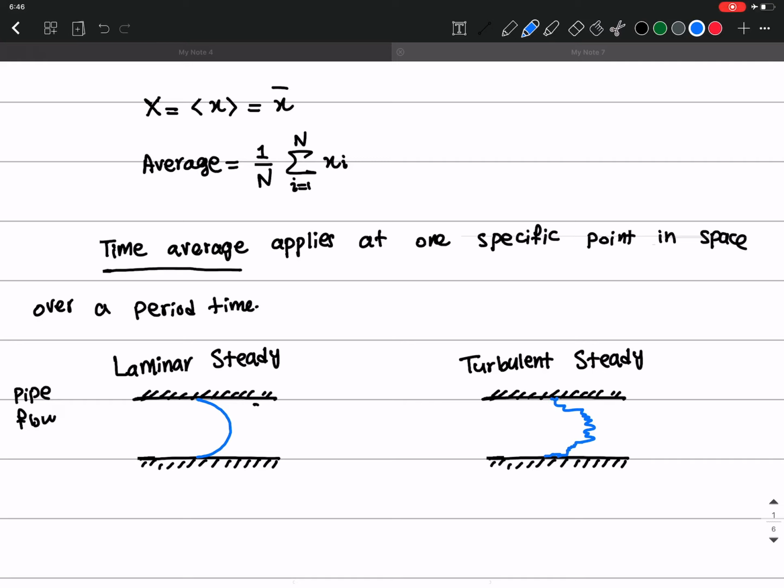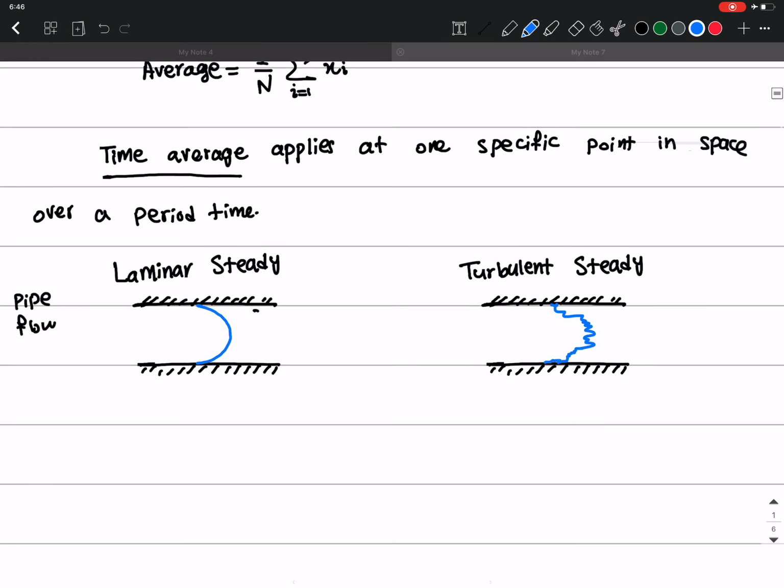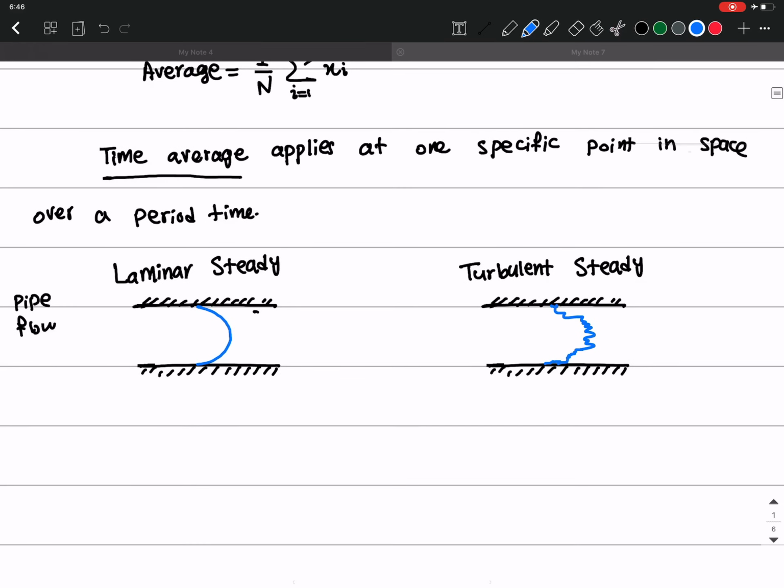Okay. So now when we want to do time average, say we put a sensor somewhere here at this location, a fixed location in this pipe, similar thing here. So we have a sensor. We put it in a fixed position in space.